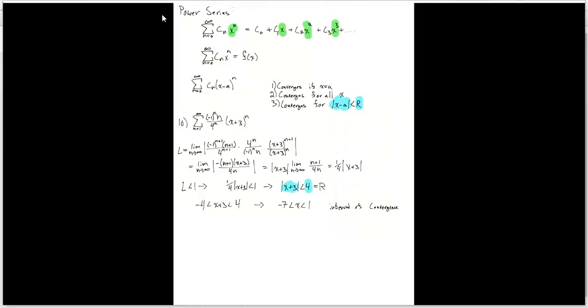So next time we're going to be talking more about power series, and I strongly suggest making sure you feel really comfortable with this material. I think the next test is going to be the hardest one.